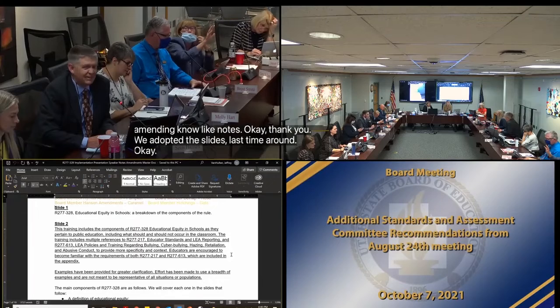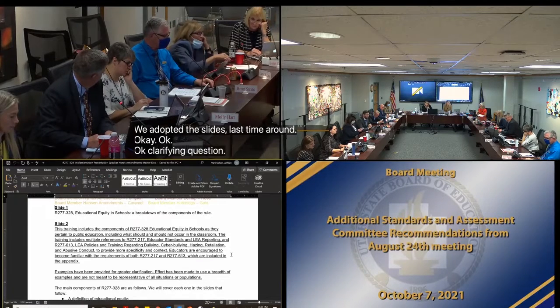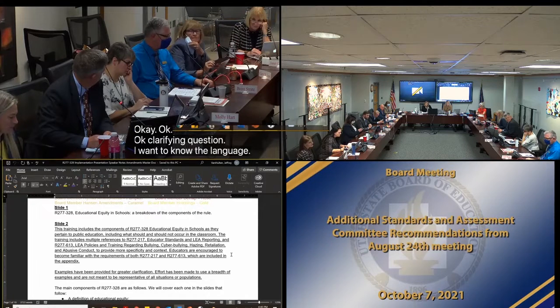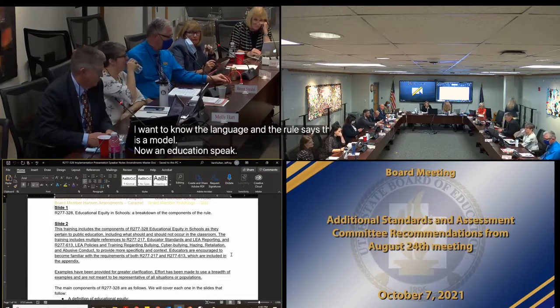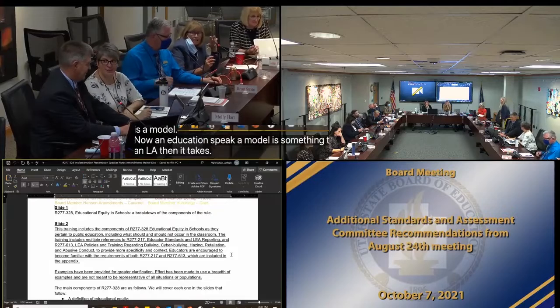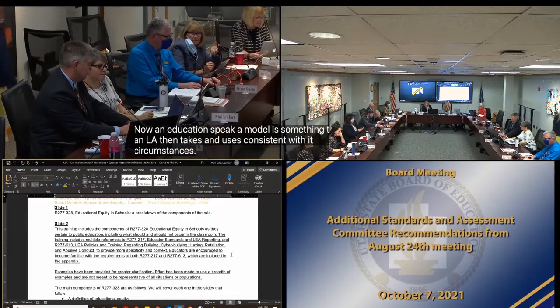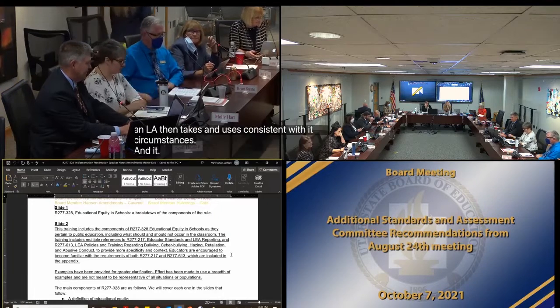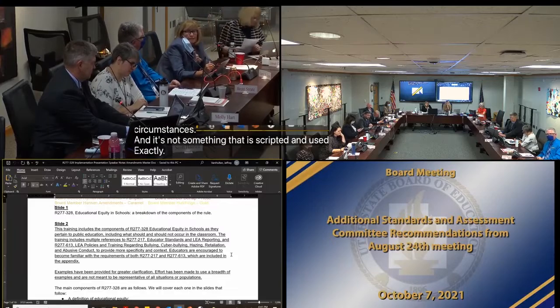Okay. I have another clarifying question. Okay, clarifying question. I want to know, the language in the rule says this is a model. Now, in education speak, a model is something that an LEA then takes and uses consistent with its circumstances. And it's not something that is scripted and used exactly as written.